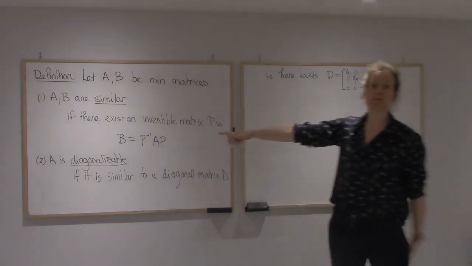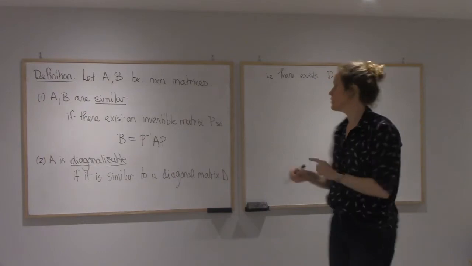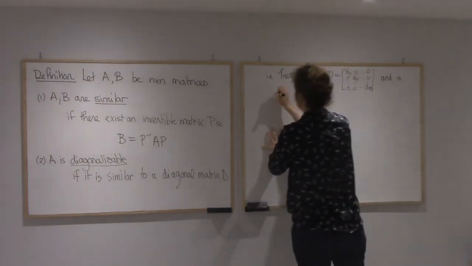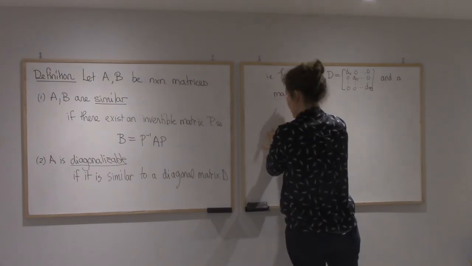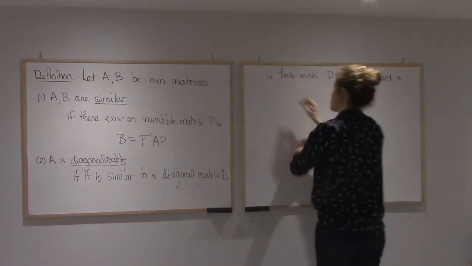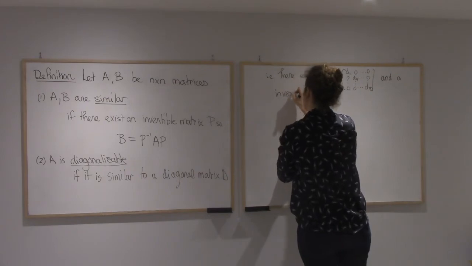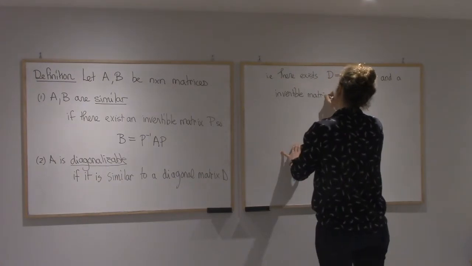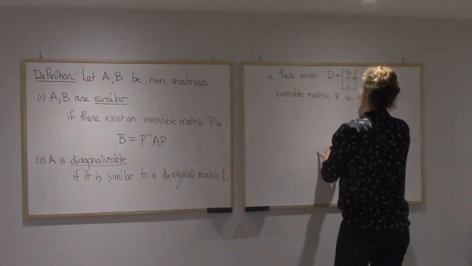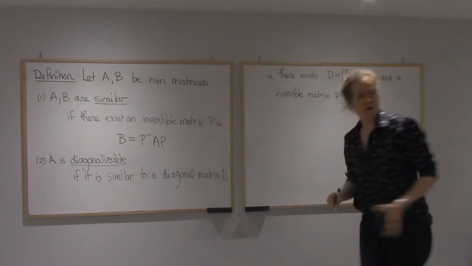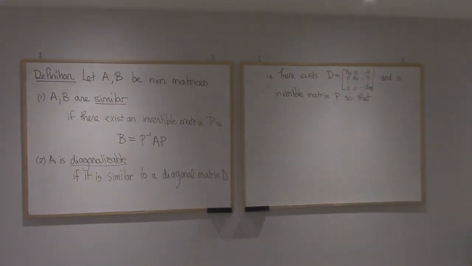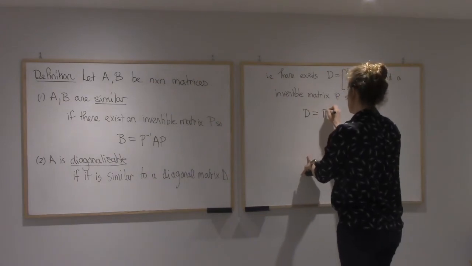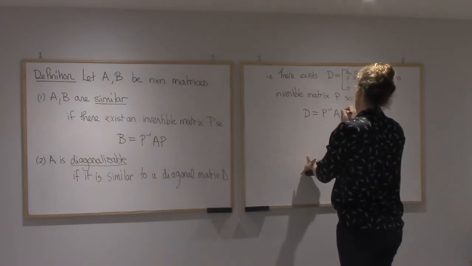And I also need P, that P transforms one into the other, an invertible matrix P so that D equals P inverse AP.